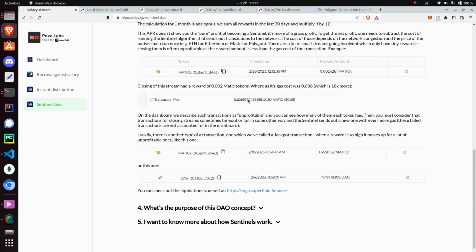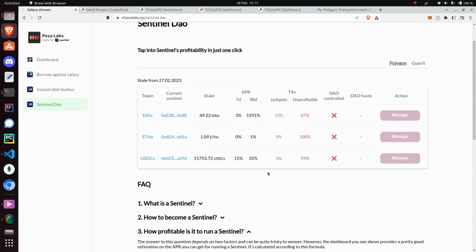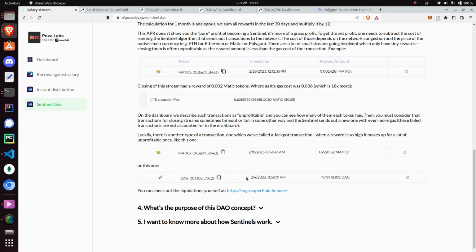And a good example of that would be this one transaction for the DAI super token on Polygon. So this one liquidation profited the Sentinel almost $48. So you can see that it wasn't included in the APR for this week because it was at the beginning of the month.